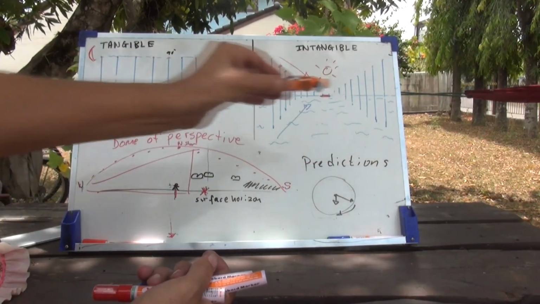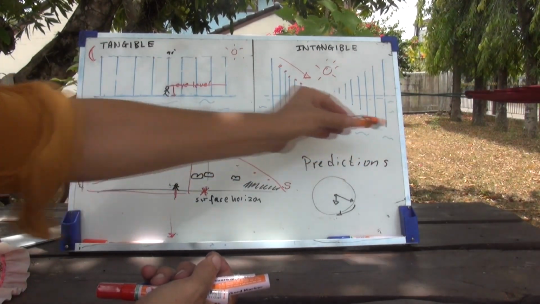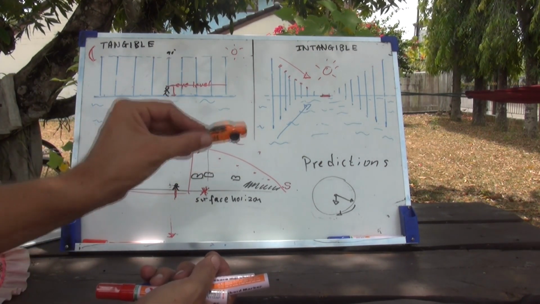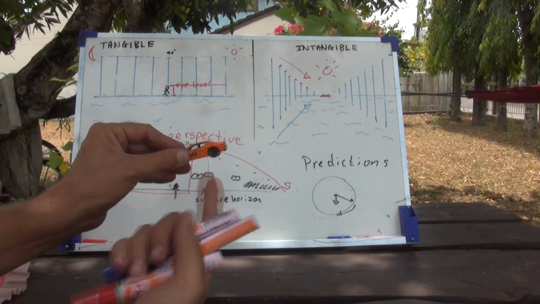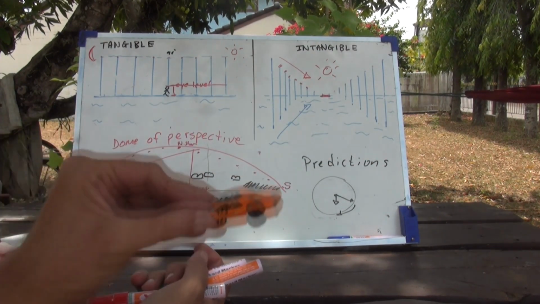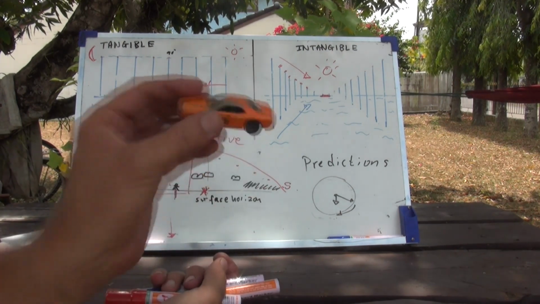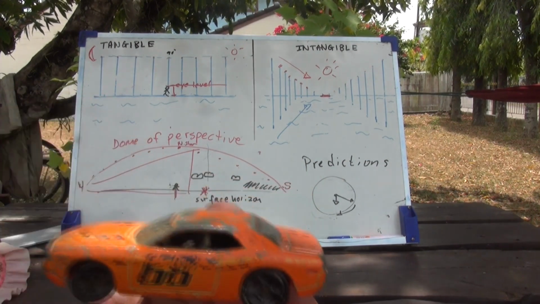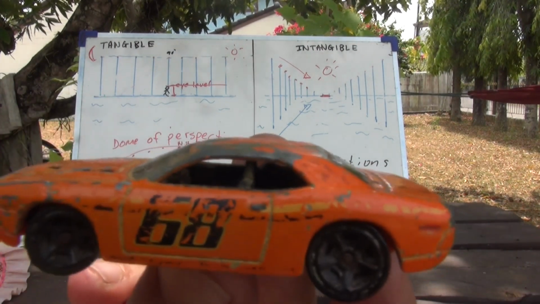How quickly does it pass across your horizon if it's very far? This all makes a difference, but you can't really know for sure unless you're actually measuring something tangible how fast this car is going, or the true distance of it, because you don't know the actual size. Up here, it's just big.